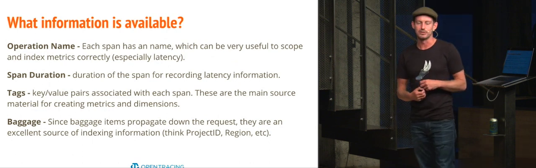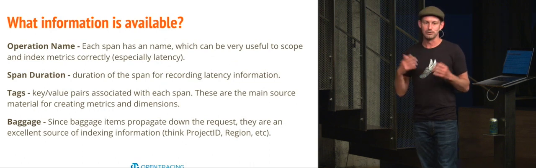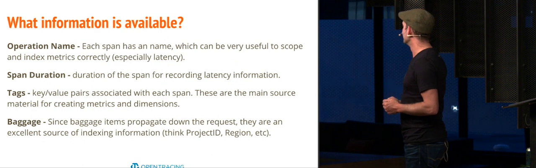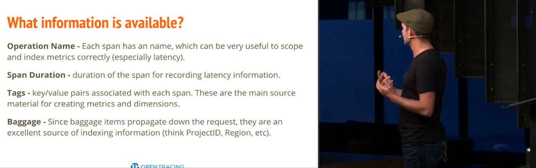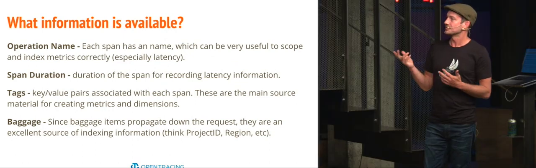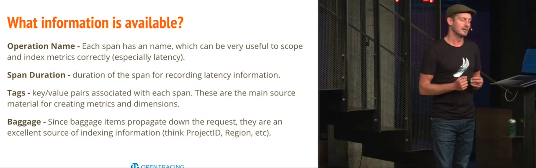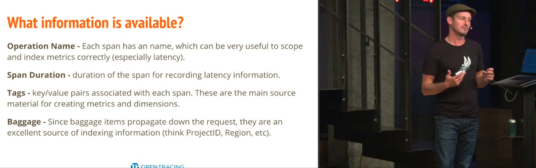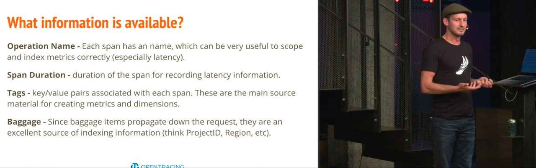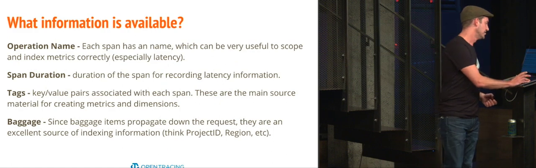That's often a thing you want to alert on. Errors coming off of the tags is another thing you want to alert on. And then, again, using baggage and things like that to add more indexing and dimensionality. So most of the things you would want to make a metric out of, you could most likely use the OpenTracing API to get that information.